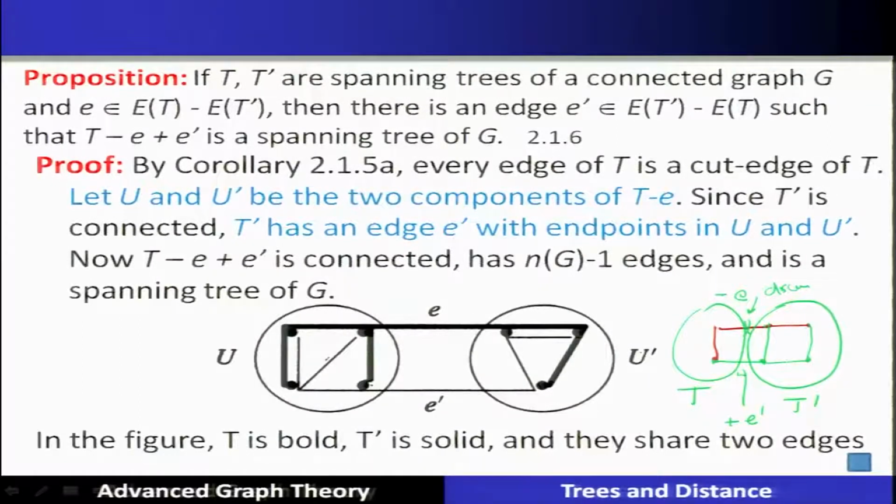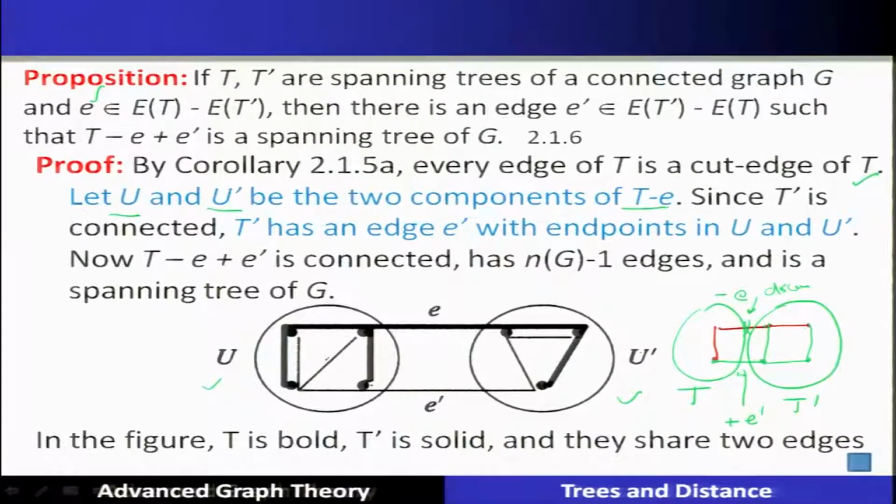Let us see the proof by this particular corollary. Corollary 2.1.5a says that every edge of T is a cut edge. That is quite obvious. So when we remove an edge E, let us assume that there are two disconnected components U and U prime.